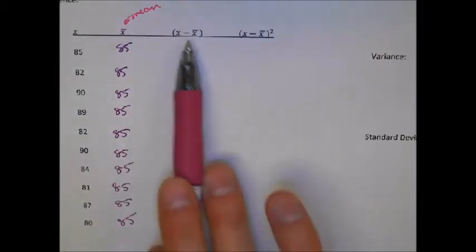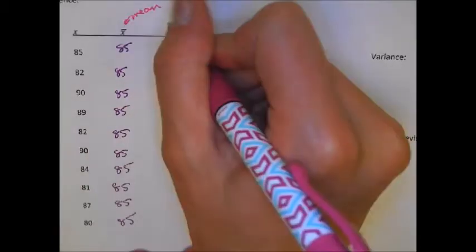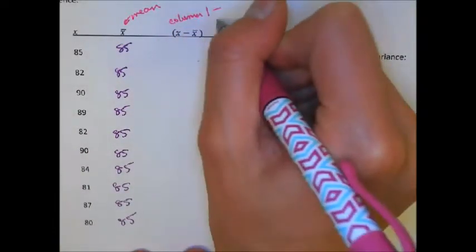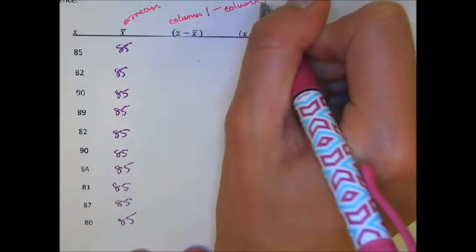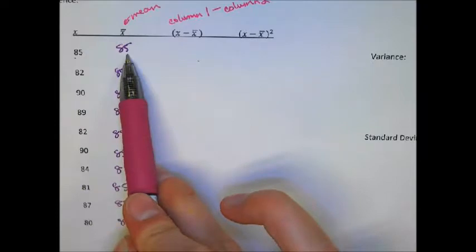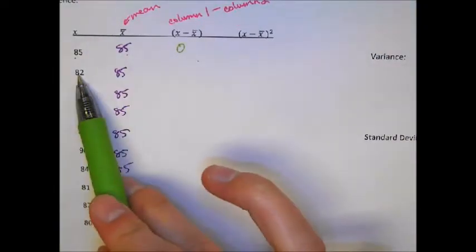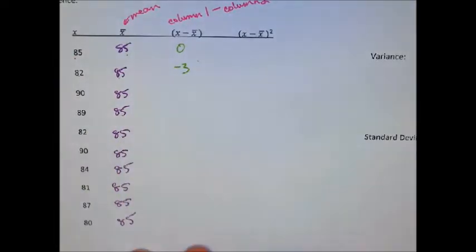Now we're going to do X minus X bar. This is X, this is X bar. So we can think of this as column 1 minus column 2. So 85 minus 85 gives me 0. 82 minus 85 gives me -3, and so on and so forth.